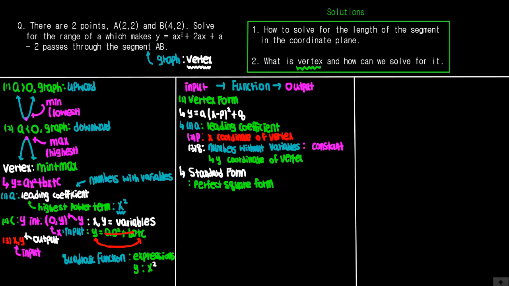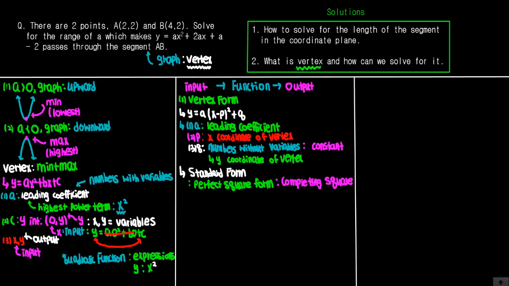A perfect square form is the same thing as completing the square. This is how to convert the standard form into a vertex form.